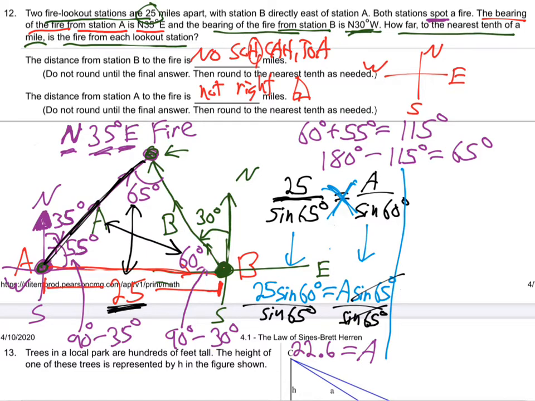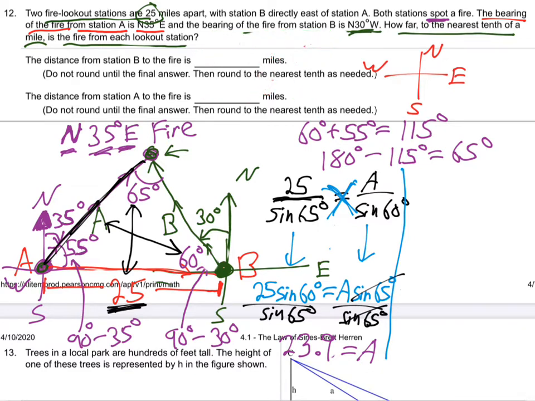Oh, whoops, I'm sorry. We don't get 22.6. We get 23.9. I better get my calculator straight here. 23.9. So that's A, 23.9. Come up here now. Notice they did A second, so 23.9 goes there. And now let's go do B.